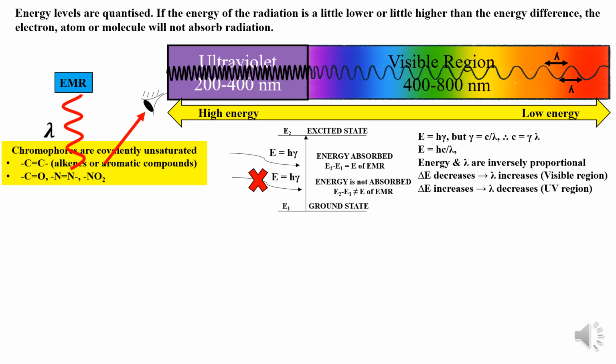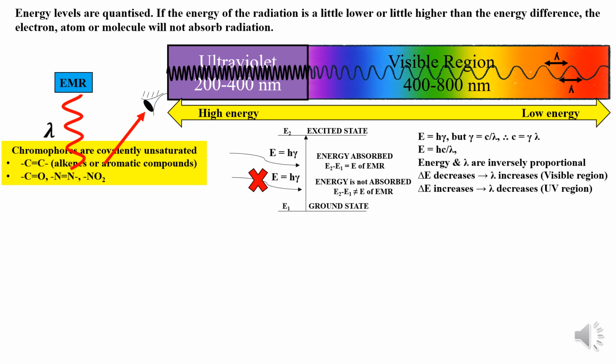Therefore, the velocity of light is equal to the product of frequency and wavelength, so I can find the velocity of light by multiplying the frequency with the wavelength. And therefore, the energy equation reduces to E equals h c by lambda, because mu is equal to c by lambda.